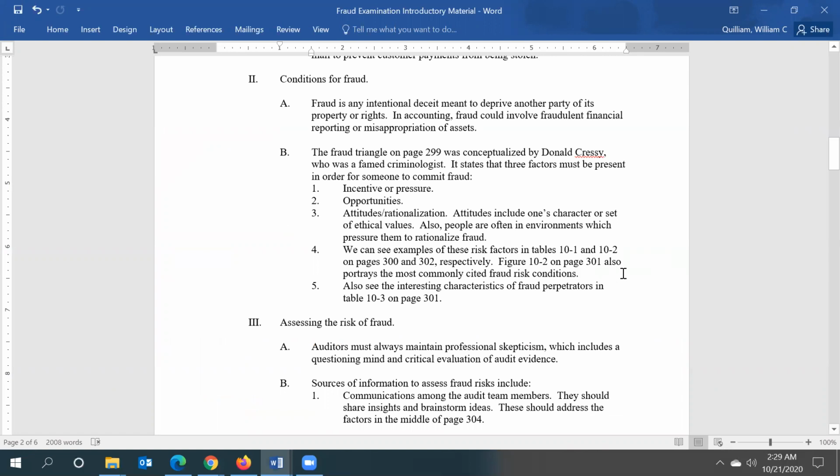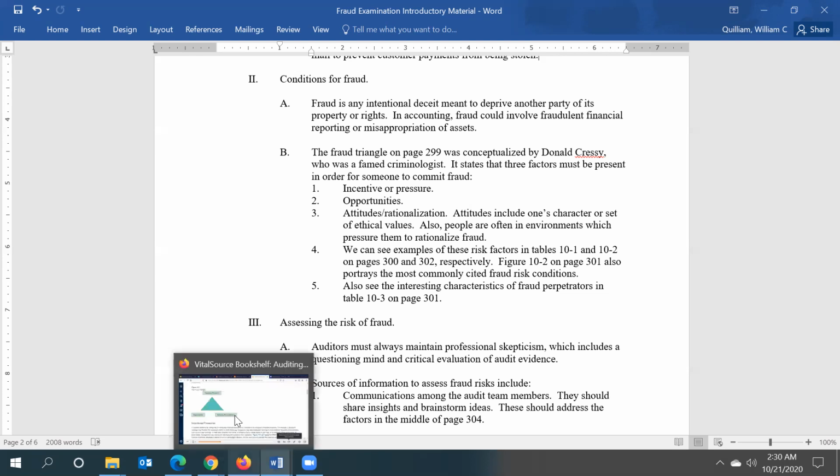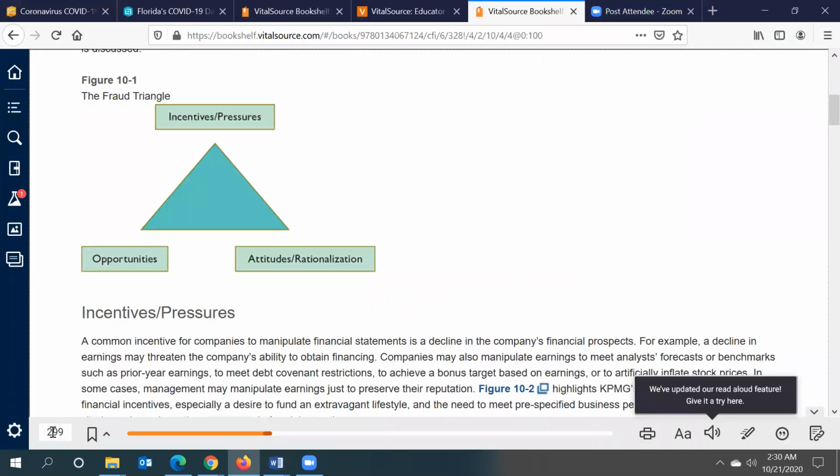And we can see examples of these fraud risk factors in two tables in the book, and I will show you. Pages 300 and 302. And also 301 portrays some of the most commonly cited fraud conditions. So let me go over to these pages. And again, you can pause the recording and take a closer look at them.